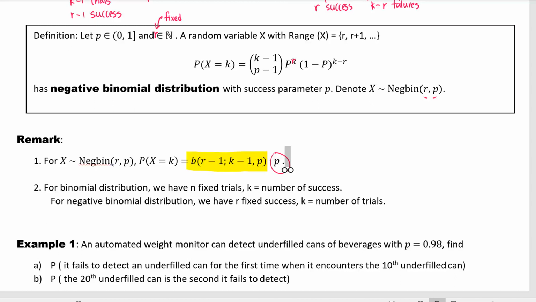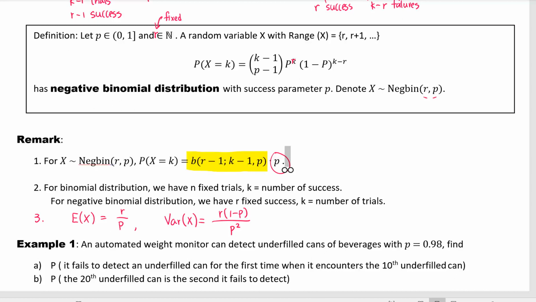One more remark. The mean of the negative binomial distribution is R over P, and the variance is R times 1 minus P over P squared.